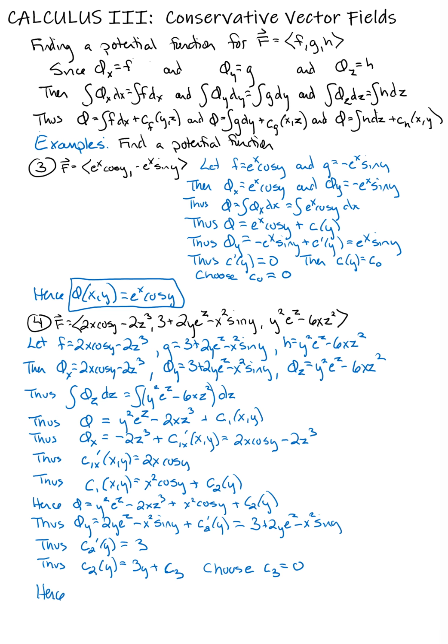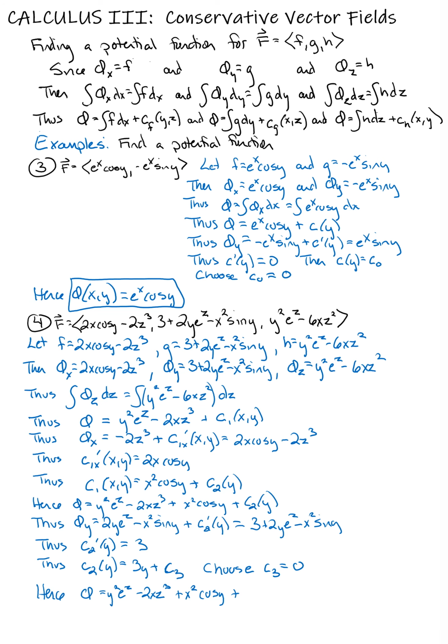Hence, we have phi. All I'm doing now is filling in the blanks of what I have here. Phi is equal to y squared e to the z minus 2xz cubed plus x squared cosine y plus C2.